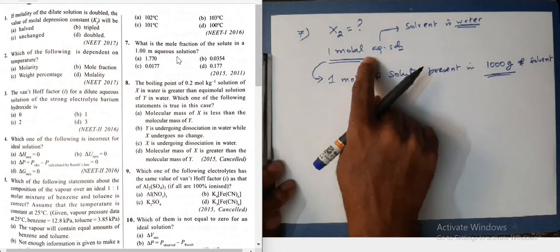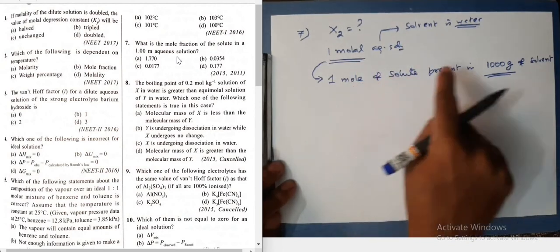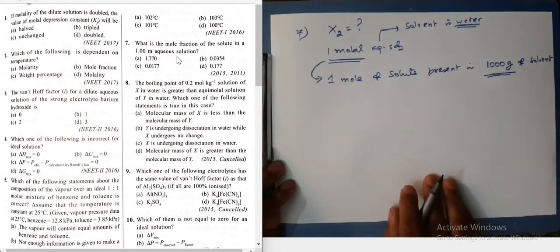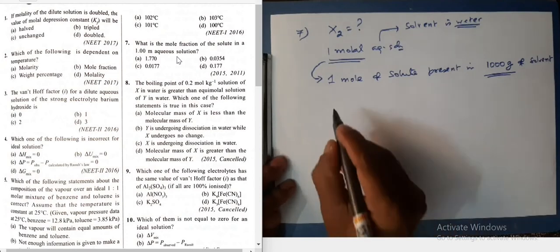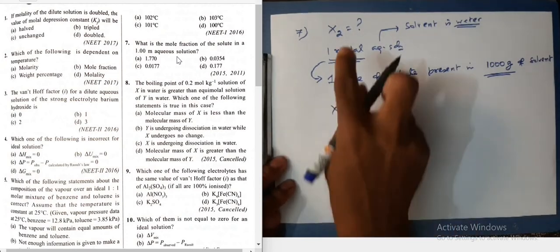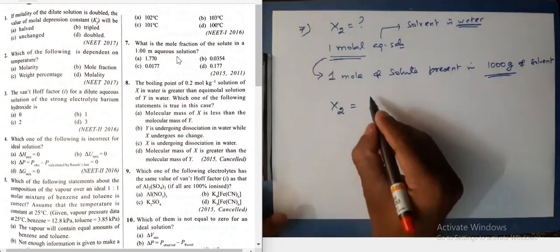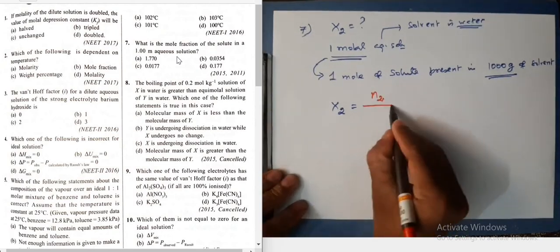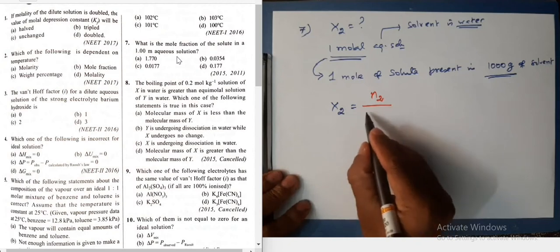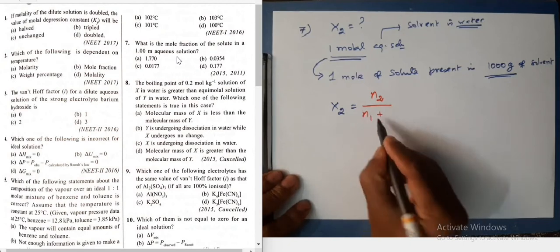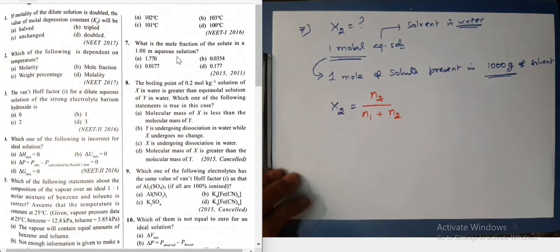That's the meaning. So what is the mole fraction of solute? You know very well, the mole fraction of solute is the number of moles of solute divided by the total number of moles, that is, the number of moles of solvent plus the number of moles of solute.